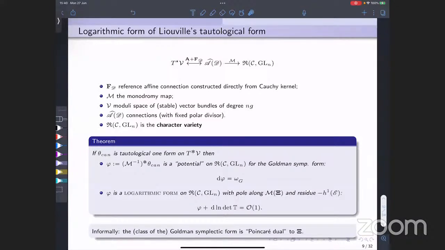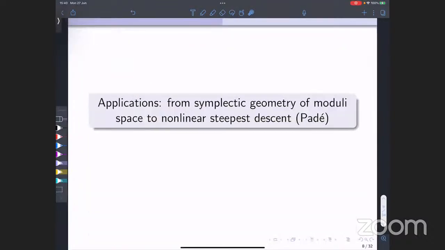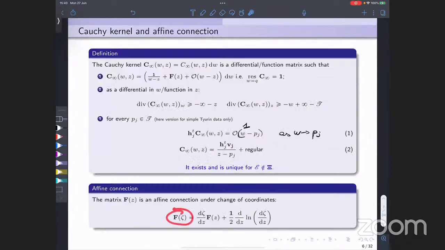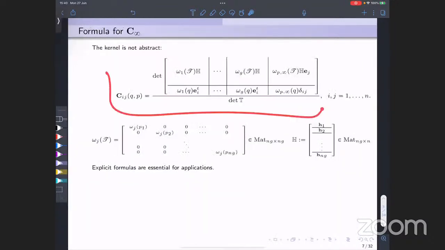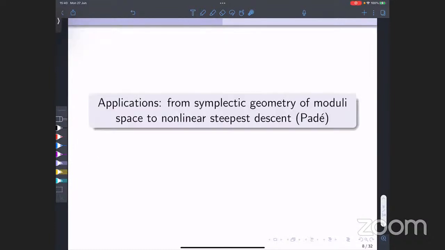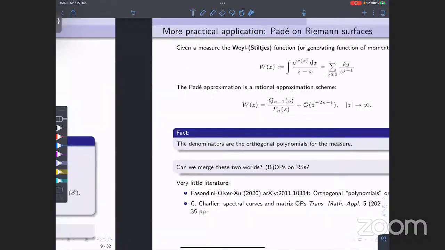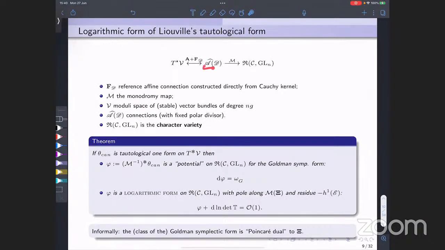And if I have a reference affine connection, which is constructed precisely using that matrix F on the previous slides, which is as explicit in principle as this Koshi kernel, then I can identify the space of connections with the cotangent bundle of the moduli space.